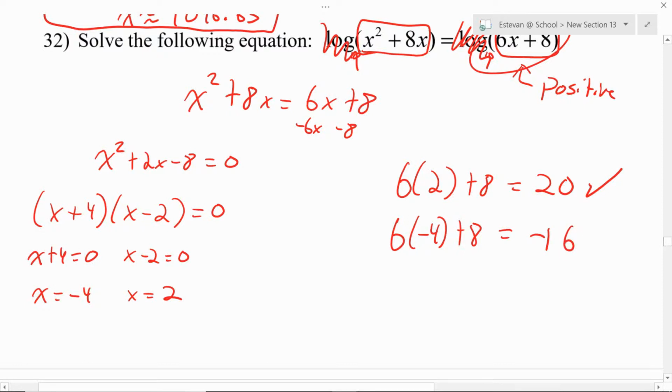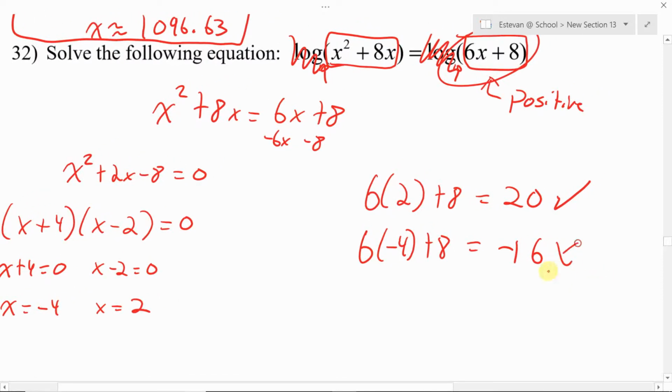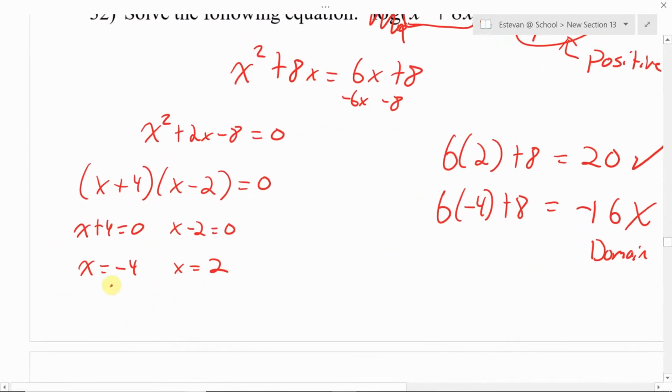Since it was a negative number, that means the argument is negative. That will lead to a domain error. Hence, negative 4 results in an extraneous solution, which makes 2 your only solution.